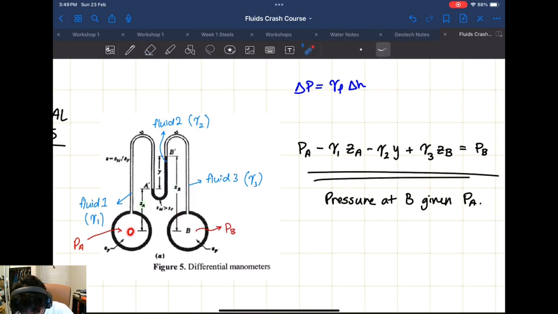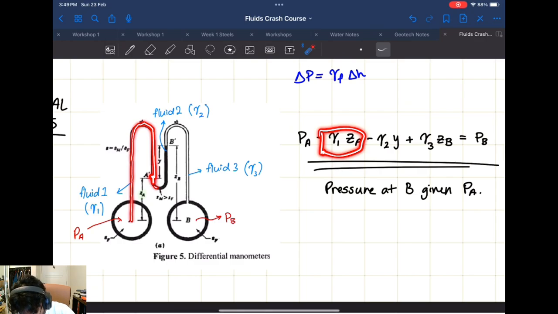Start at point A. Go around, pretty much just follow the diagram. Follow the tube. So you're starting here. First fluid ends here, right? So what's the pressure change? It's going to be this. Right? Again, you continue. Fluid number 2 starts here and ends here. What's the pressure change? It's going to be this.